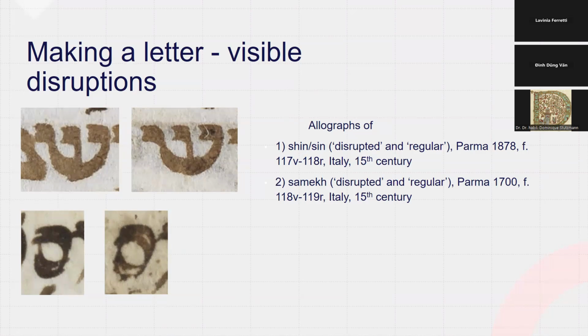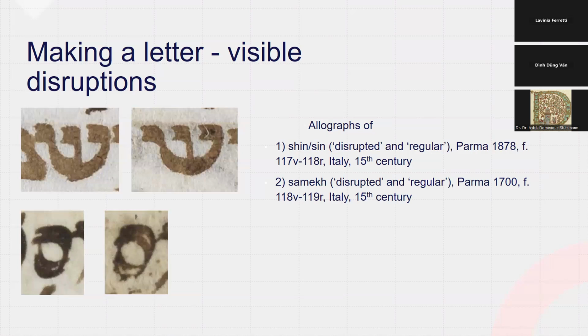And so we can see that this part is done in one movement without raising the writing instrument. And this part was done in a completely separate movement in the sense that the writing instrument was lifted. And thus we have this little edge. While in the normal variant, the more widespread variant, we don't have this edge, and so we can't be completely sure, we can't prove that this letter is written in the way it is most likely written.